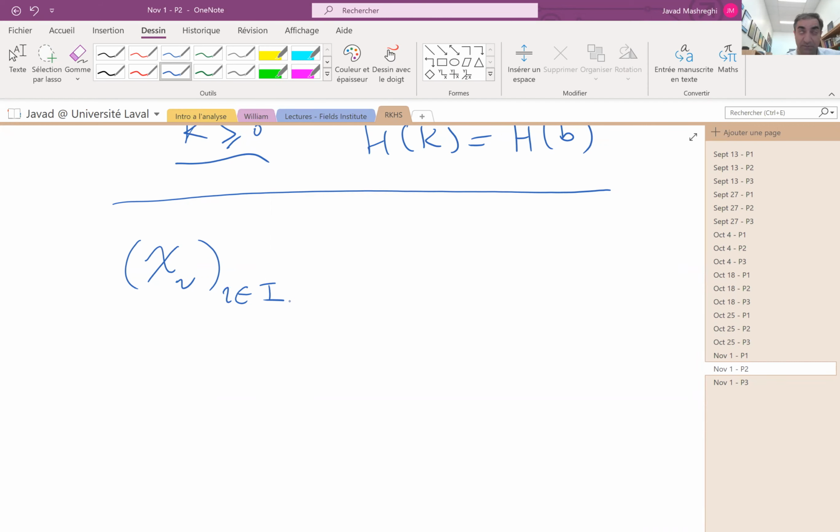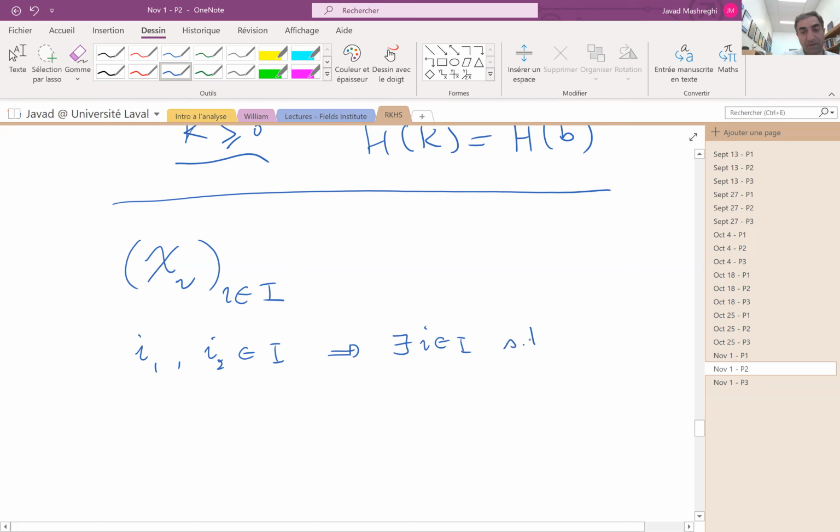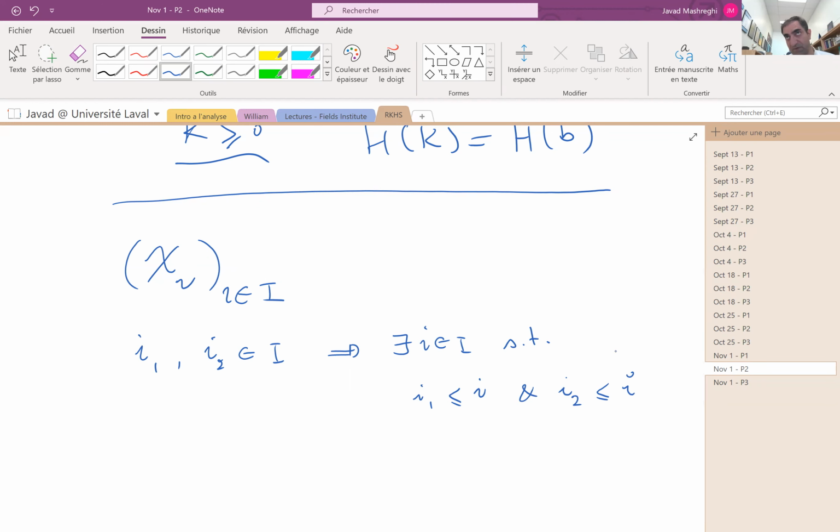But the important property that we need I to possess is that if I1 and I2 are in I, then there is an element I such that it's bigger than both. This is the crucial property that most of the time we use when we are dealing with a sequence on the integers.